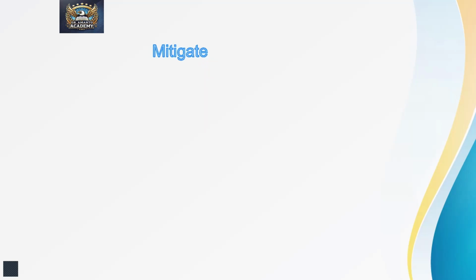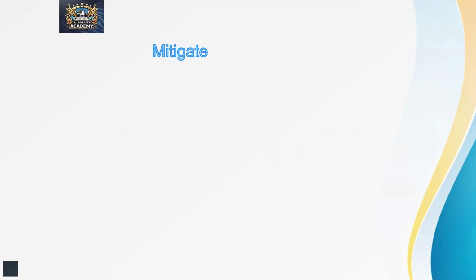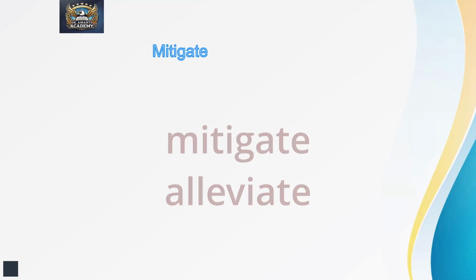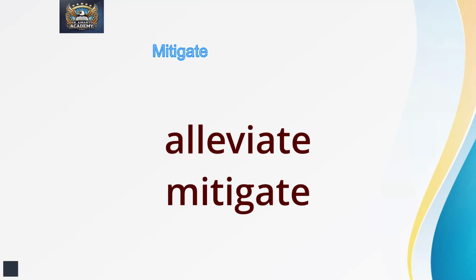Next word is mitigate. Mitigate comes from miti and mitig. This is also a verb, mitigate. Mitigation. Mitigate means to make something less, reduce. The difference in real meaning between this and alleviate is that alleviate means to raise something, help make it lighter, tolerable.